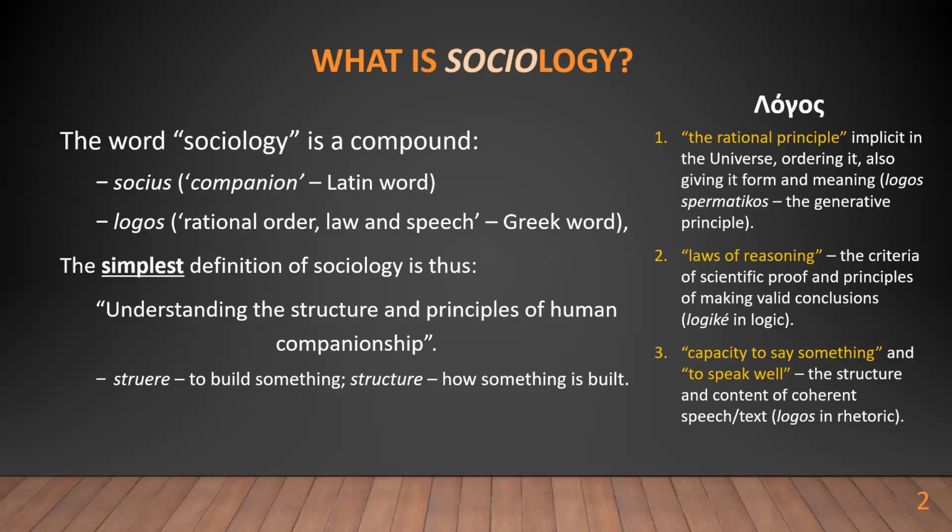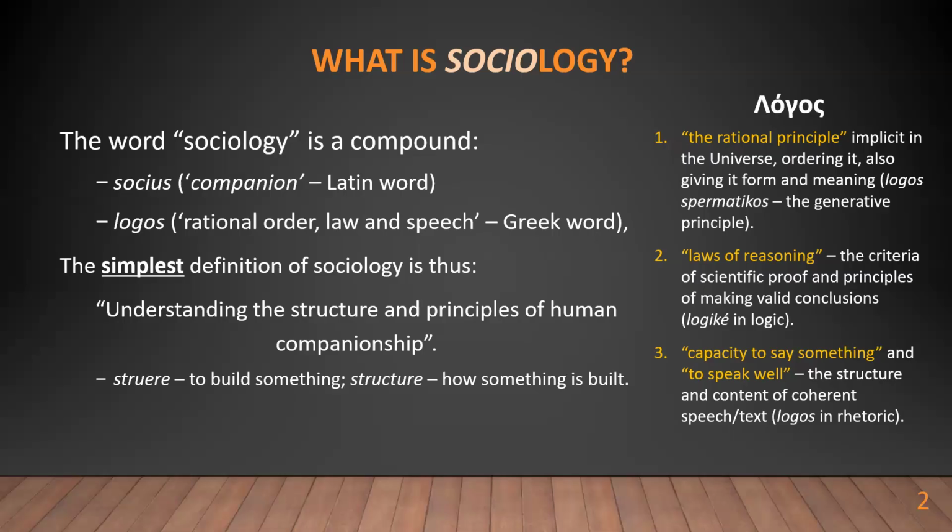And we need to focus a little bit on the meaning of the word logos because it has many layers. The first layer is that it is the rational principle in the universe, something that orders the universe and gives its meaning. And that is the important aspect of sociology, that it tries to order something, that it tries to make sense of the social phenomena that it studies.